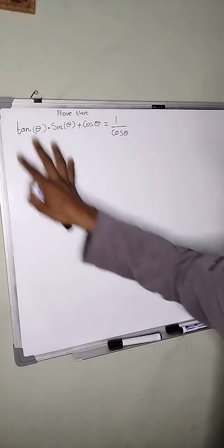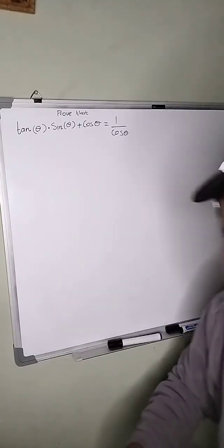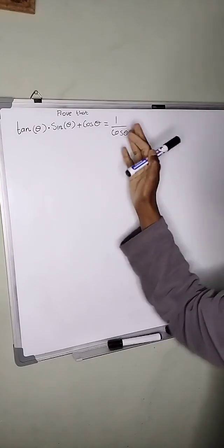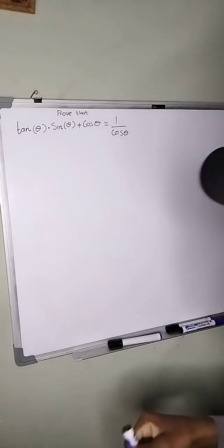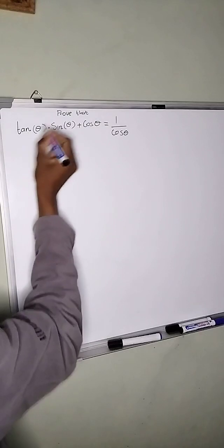So here I'm going to choose the left hand side and see what I can get. I can simplify this up to this point, right? On the right hand side, there's nothing that I can do, but on the left hand side there's a lot that can be done. Let's try and change this tangent into its identity.